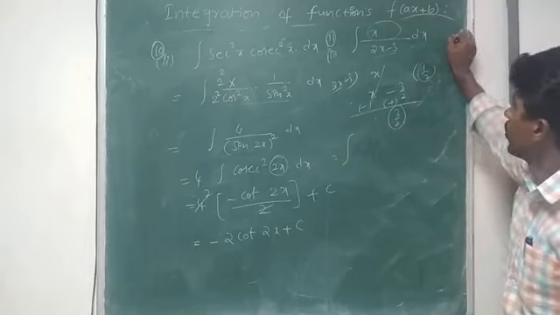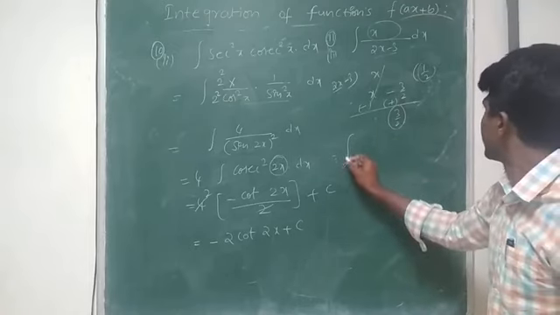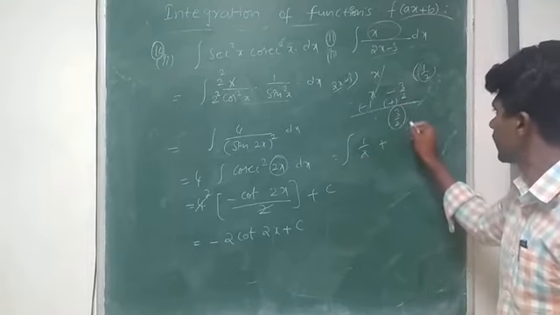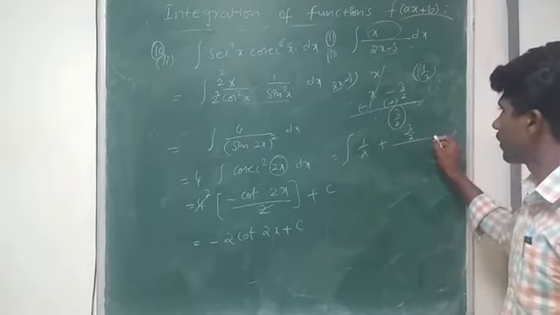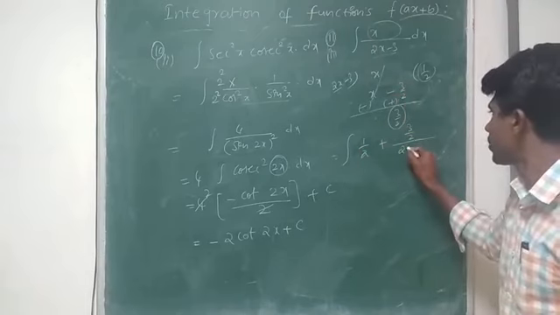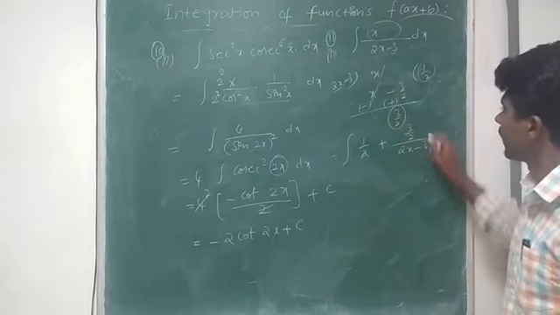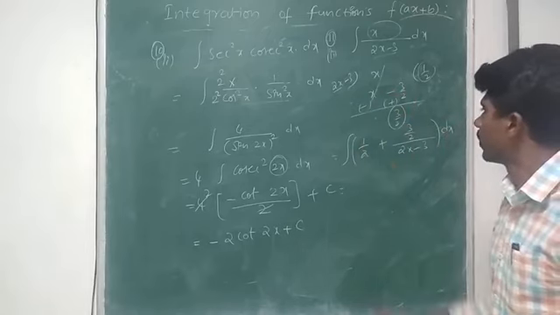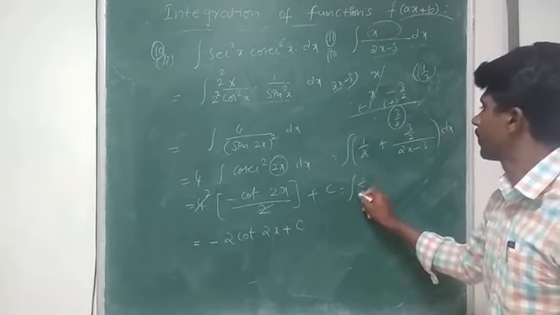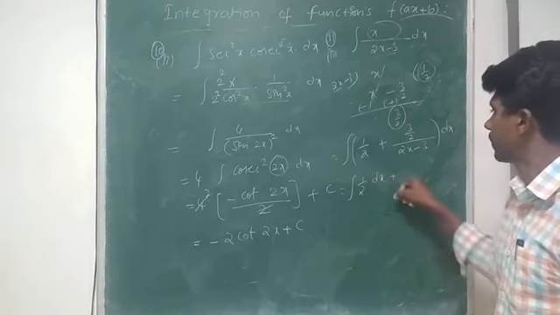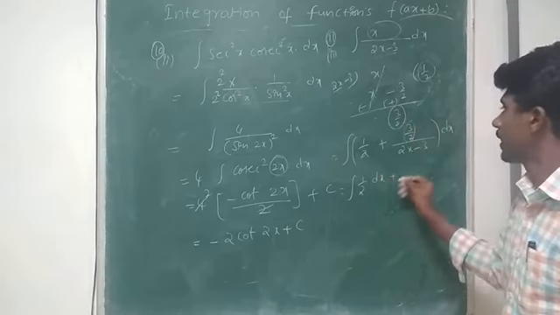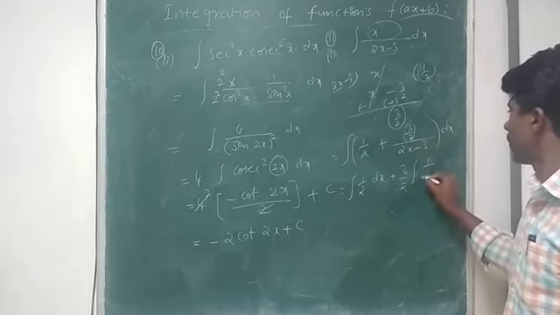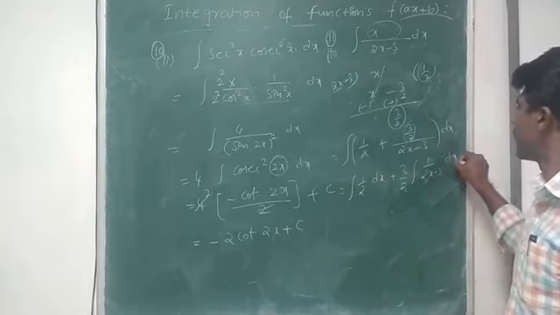So integral quotient plus 3 by 2, remainder by the divisor, which is 2x minus 3, dx. Now it is equal to integral 1 by 2 dx plus this 3 by 2 constant, I can take it outside: 3 by 2 into integral 1 by 2x minus 3 dx.